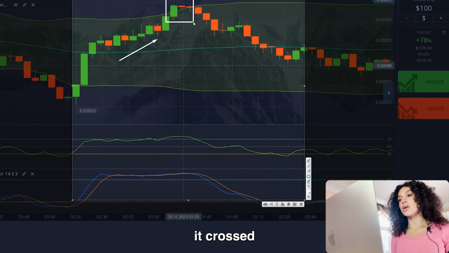In this case, it crossed its upper limit. The RSI and stochastic should confirm the signal.